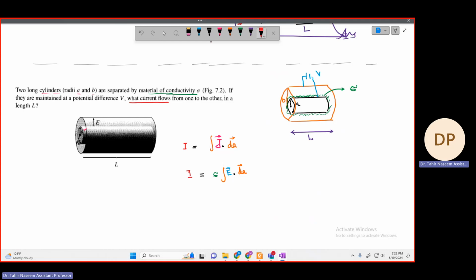We know from Gauss's law, if you remember, that the flux, the integral of E dot dA, is equal to the charge divided by epsilon, right? So this will be equal to the charge divided by epsilon.